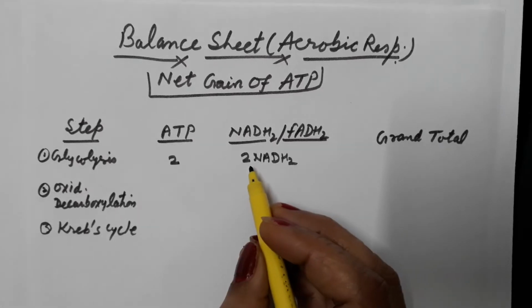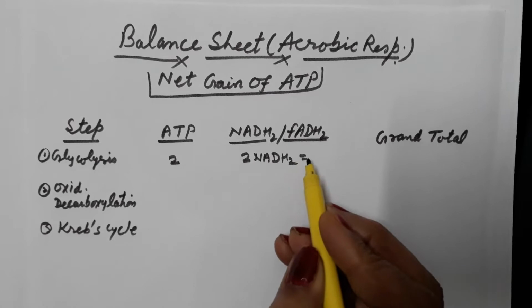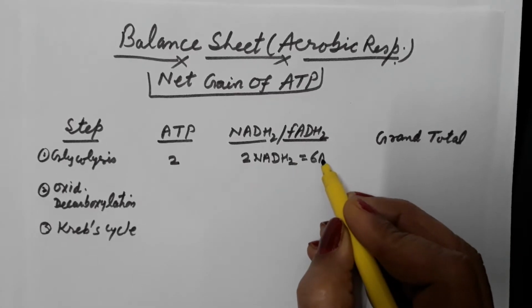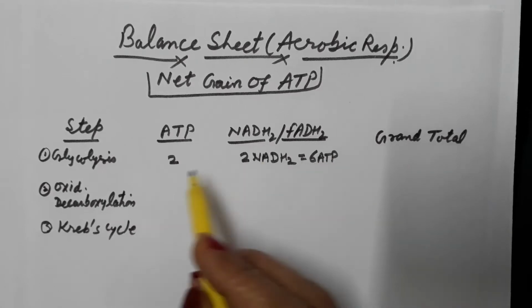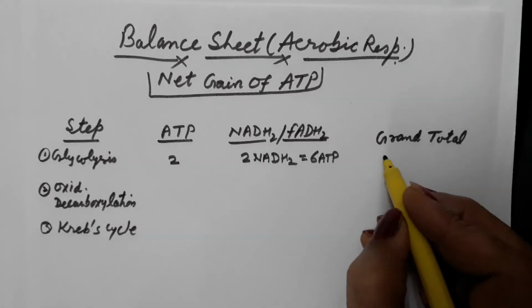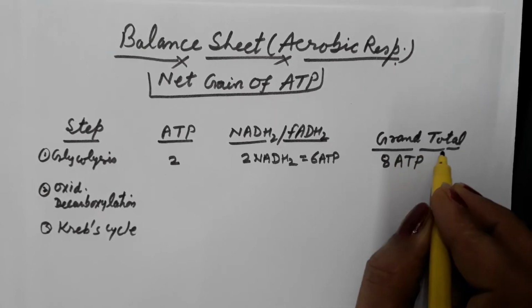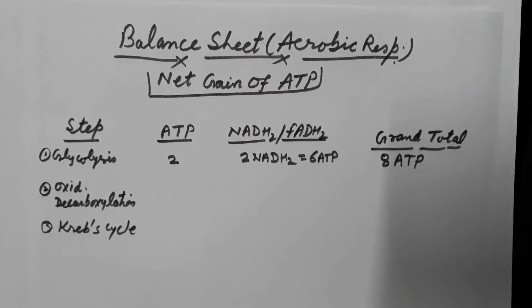So 2 NADH2 give rise to 6 ATP. So on the whole, in the glycolysis process 8 ATP are produced.